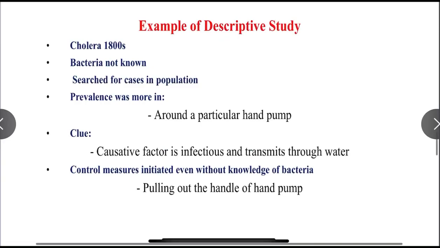So they got a clue that the causative factor is infectious and transmitted through the water. For the control measure, they pulled out the handle of the hand pump, and after several days they saw the disease was controlled. So that was the descriptive study.